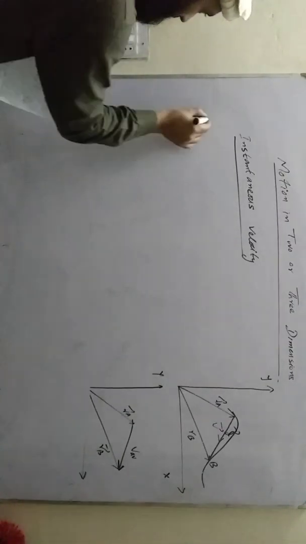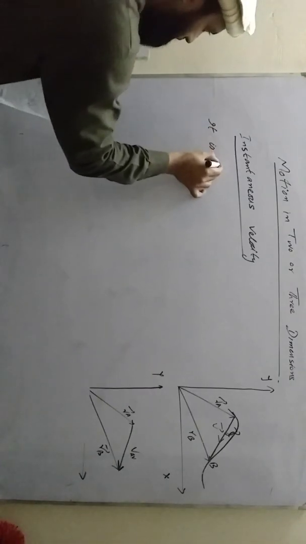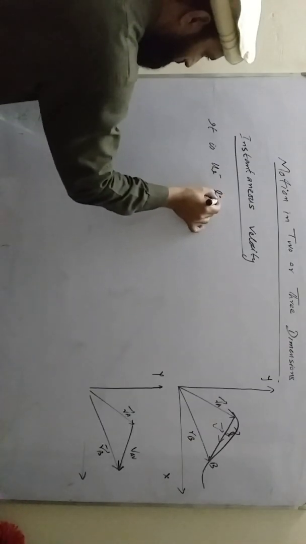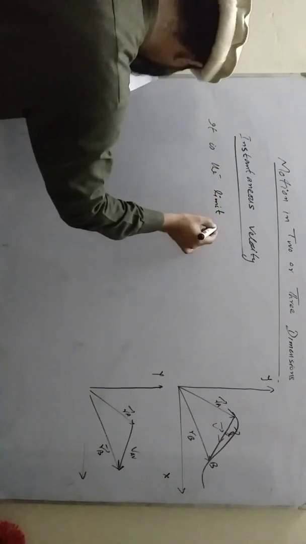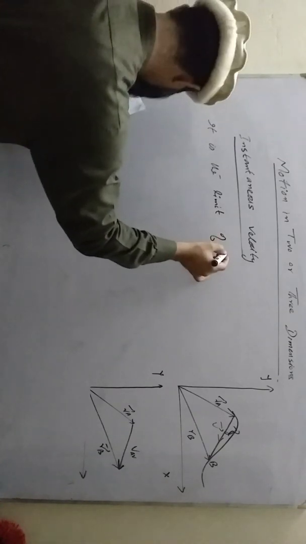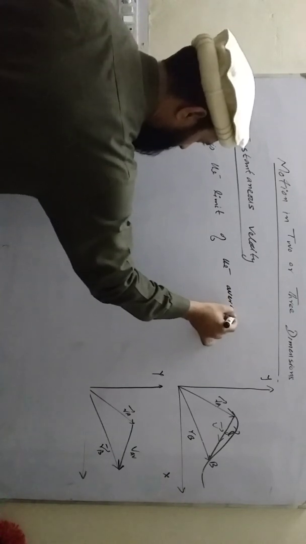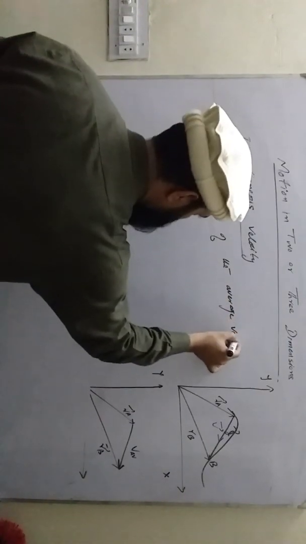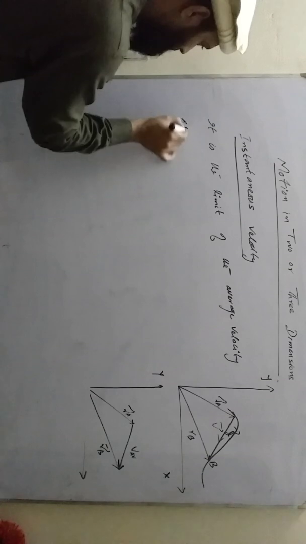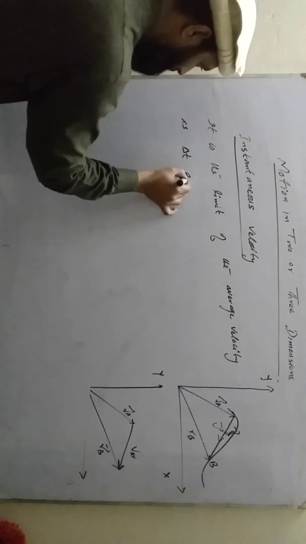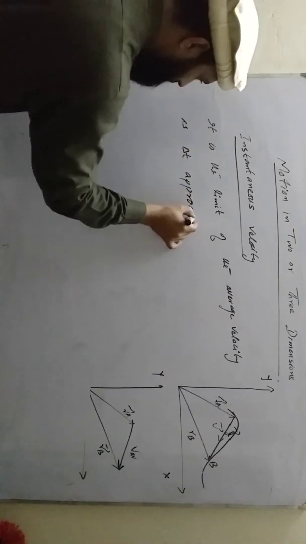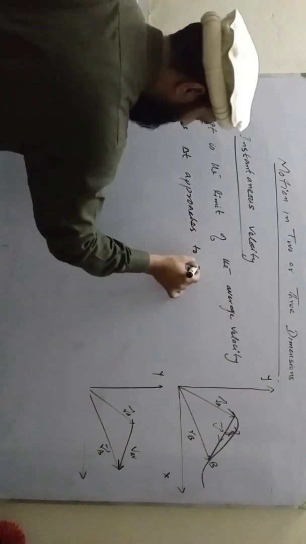Instantaneous velocity is the limiting value of the average velocity as delta t approaches 0.